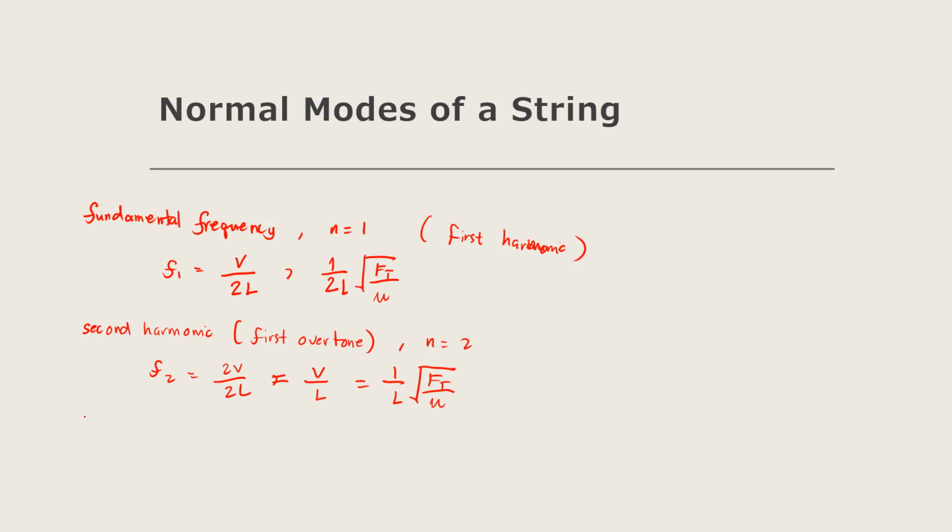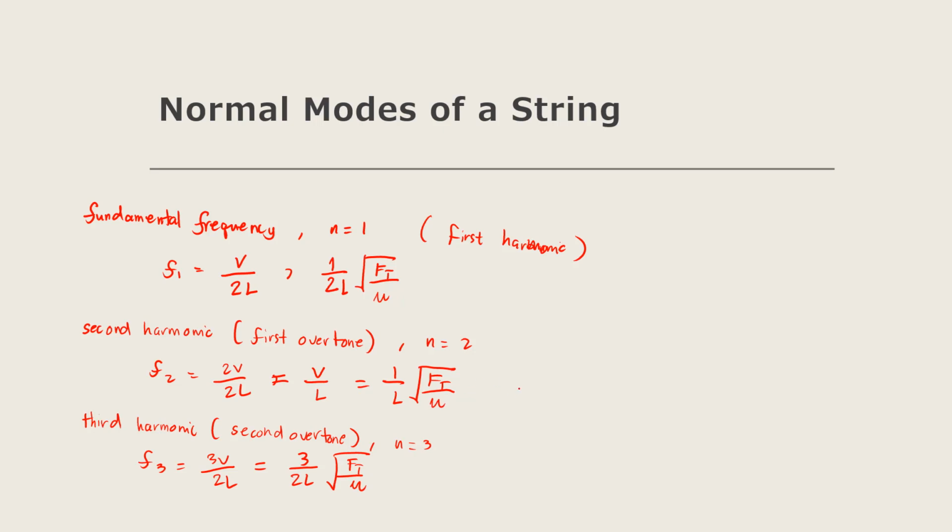And then we have the third harmonic, called the second overtone, which corresponds to n equals 3. So we have f sub 3 is equal to 3v over 2L, which is equal to 3 over 2L times the square root of f sub t over mu.